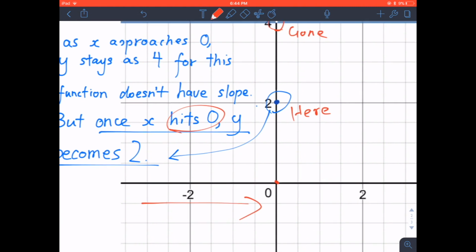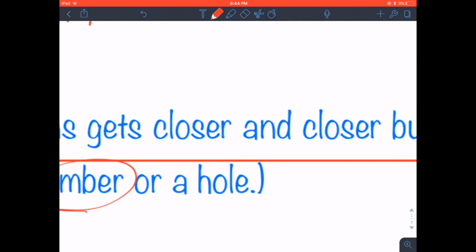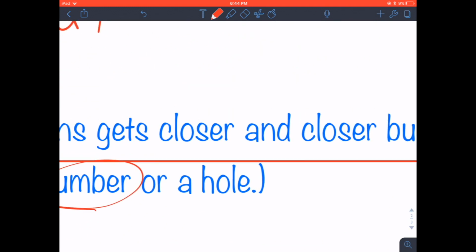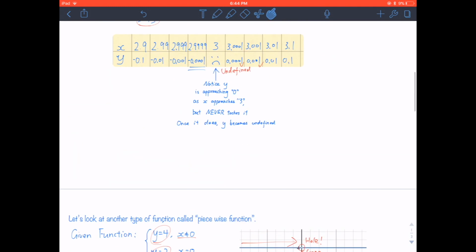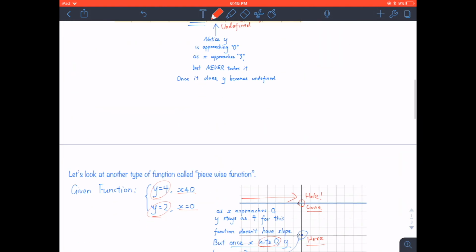If it is a number, we can see in this case, when x equals 0, the y value has gone to y equals 2. If it's a hole, it's just the case we talked about, where there's a blank right there. It is not defined, undefined again. So there's no replacement for that, it's just a blank hole.